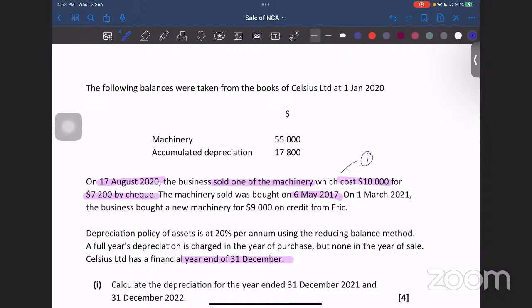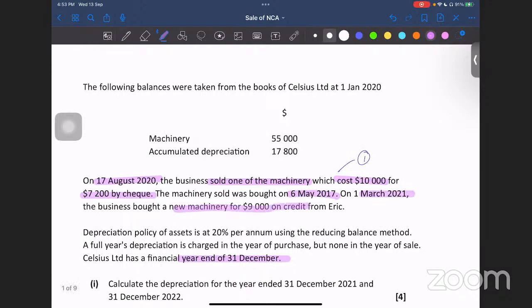Then on 1st March 2021, we buy a new machinery for $9,000. This will be my second machinery. The third one will obviously be the existing one that I have here, that has been sitting in my business before I sell and before I buy also. So in totality, there are three assets that I need to take note of.